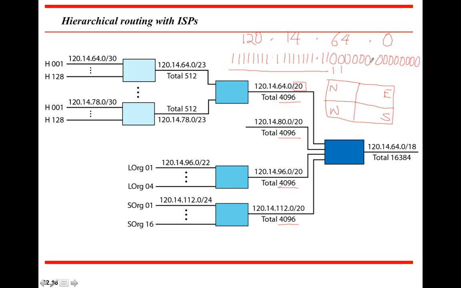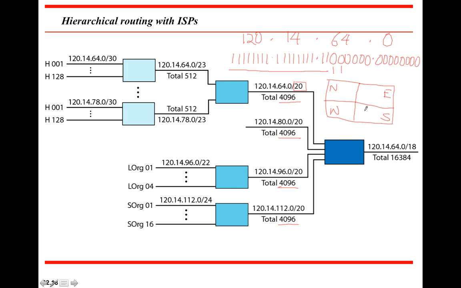Of course, the number of hosts that we can now accommodate is less, 4096, but we have a systematic division of this large number of addresses. So we now know that any device that has a network address 120.14.64.0 with a subnet mask of 20, let's say, belongs to the northern region.